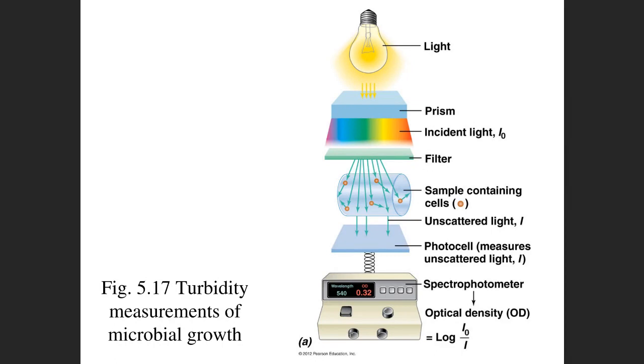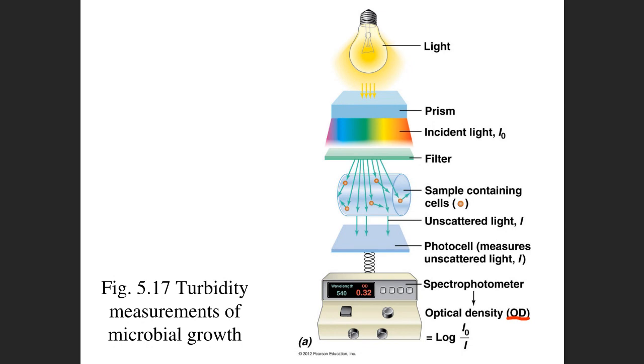Typically, for bacteria we use OD 600. And that 600 represents the nanometers of the light that's used. So we use a filter to select a particular wavelength of light to measure cell density.